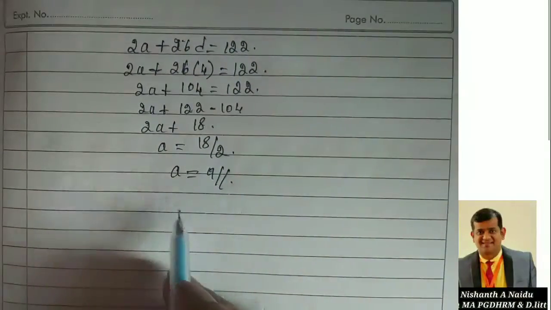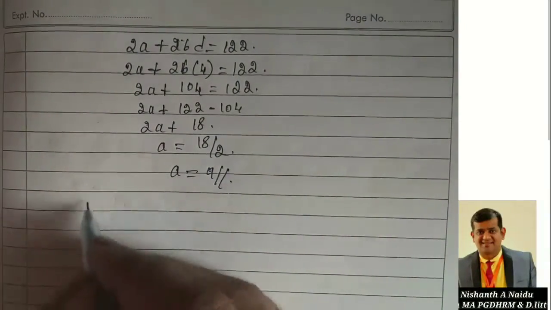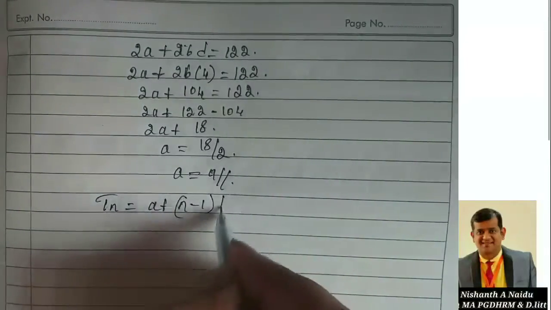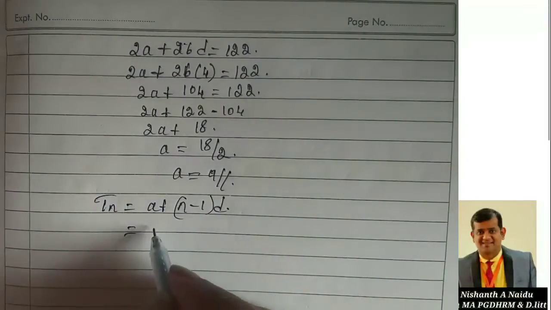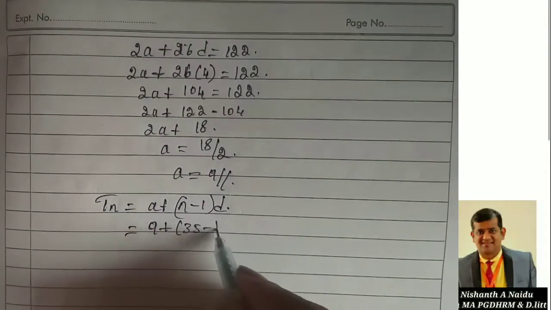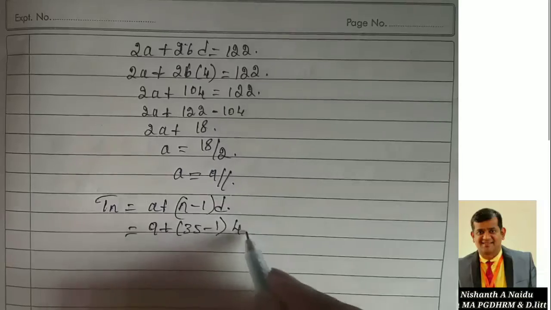So we got the answer now. We need to find the 35th term of the series. So Tn equals a plus n minus 1 into d. That equals a is 9 plus 35 minus 1, 34, into d value 4.